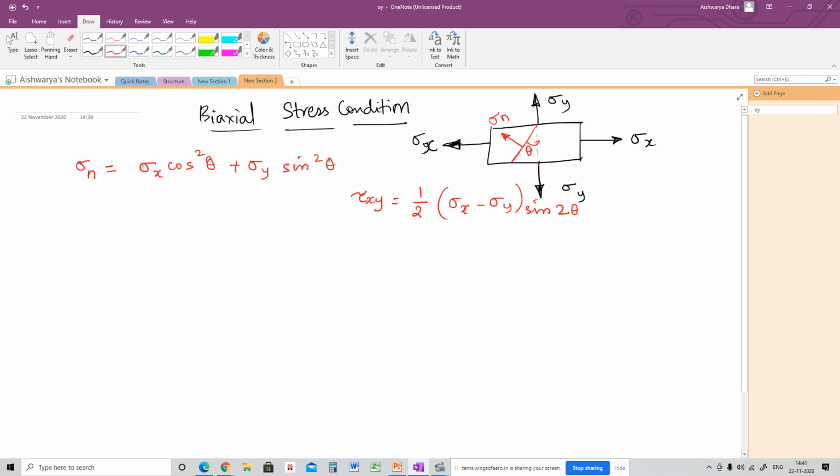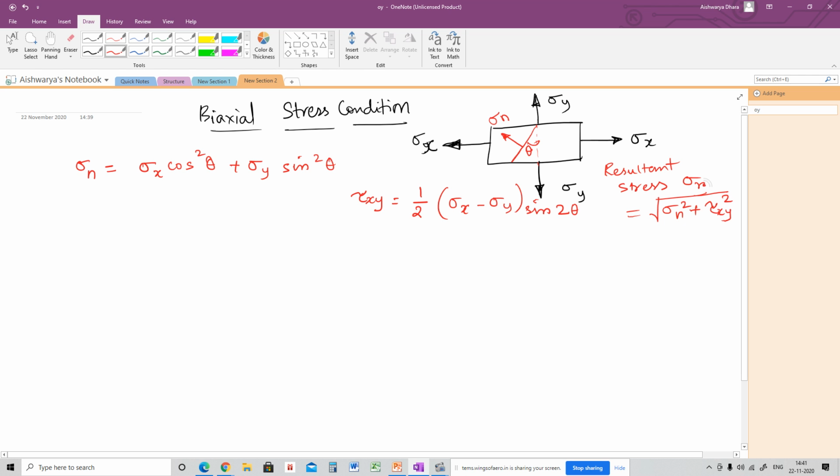And one more thing, resultant stress, you can write sigma r equals root over sigma n square plus tau xy square.